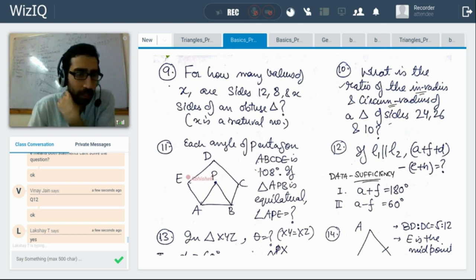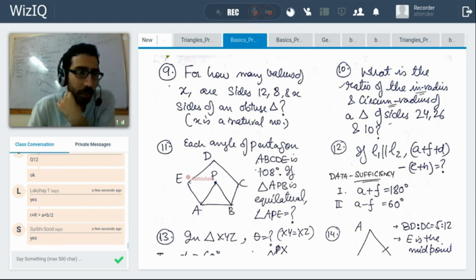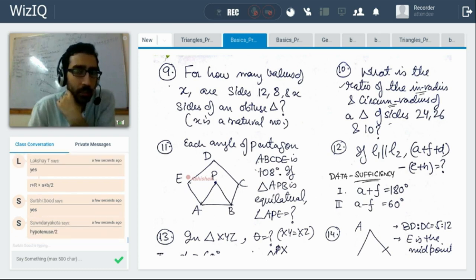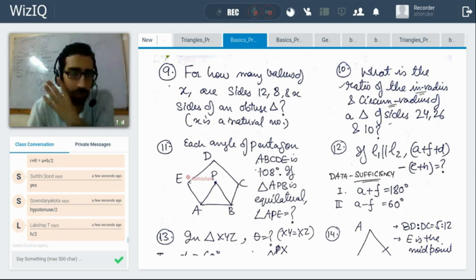I think we covered that last time. Yes. Inradius plus circumradius is (a plus b) by 2. And what is the circumradius equal to? Circumradius of a right triangle is equal to hypotenuse by 2. And there you have it.